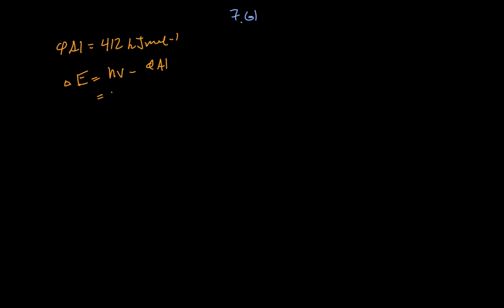So it said that we had light that was corresponding to 471 kilojoules per mole, and we're going to subtract from that the 412 that's in aluminum, and that'll give us a total of 59 kilojoules per mole.